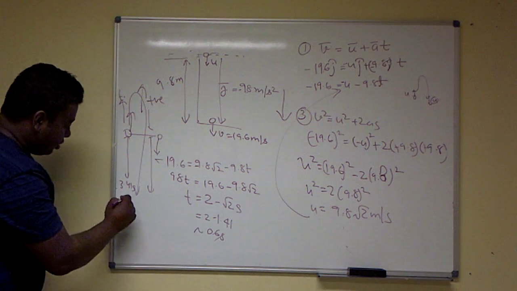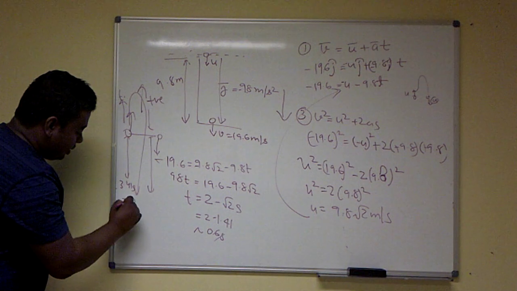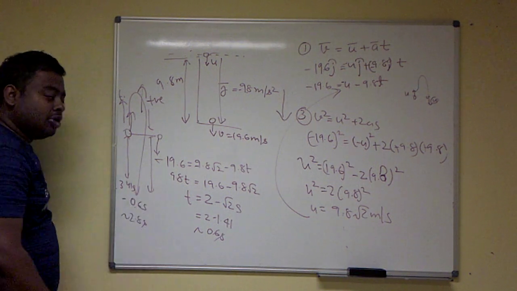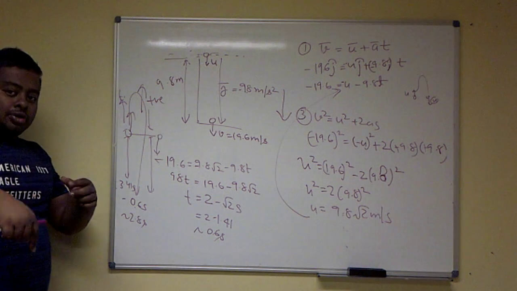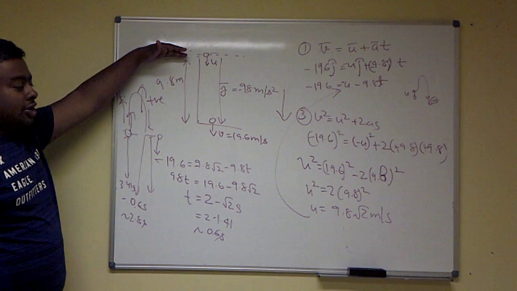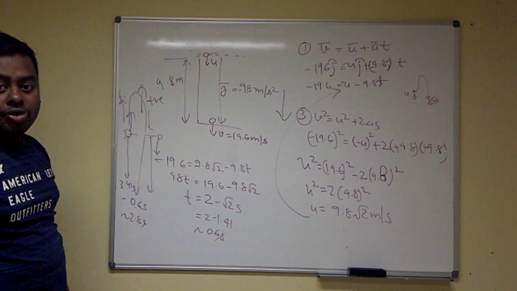That comes out to be 3.41 minus 0.6 seconds, which is around 2.8 seconds of upward and downward movement till it hit the level of this terrace again, and then started moving downwards.